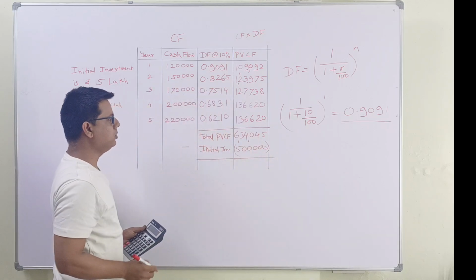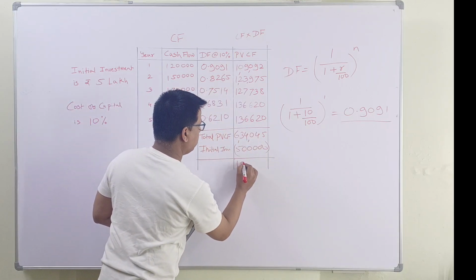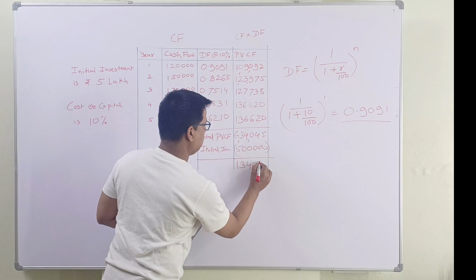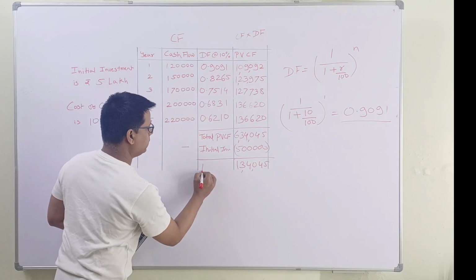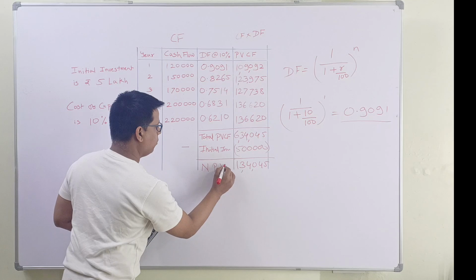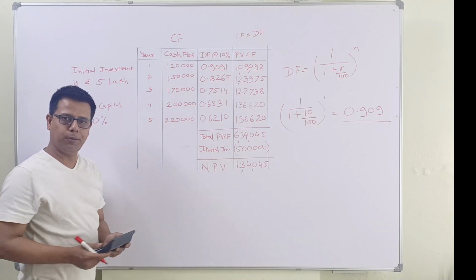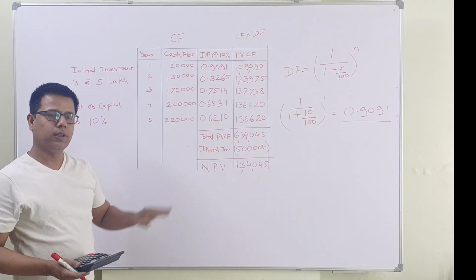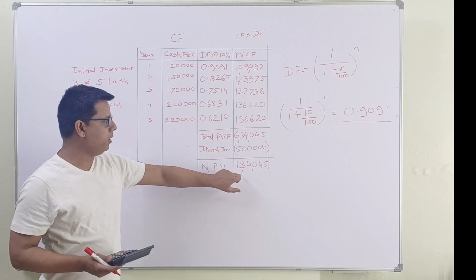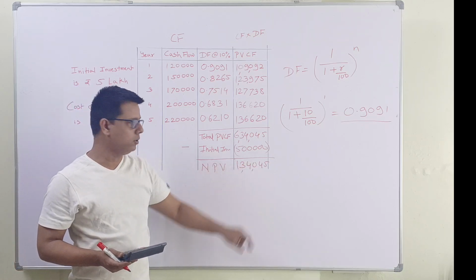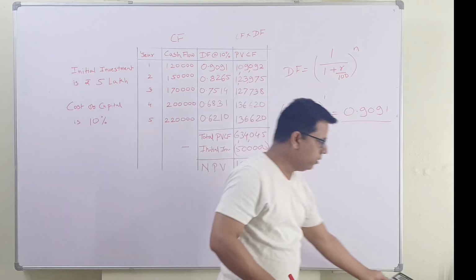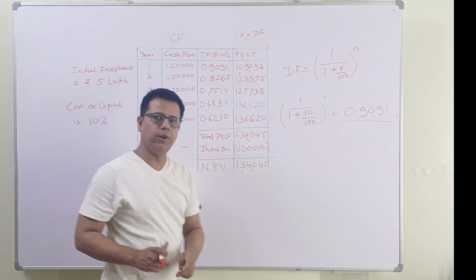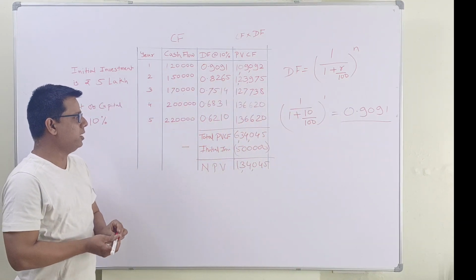We get the answer, that is 1,34,045. This is called NPV. So the net present value of this investment will be 1,34,045. Done.